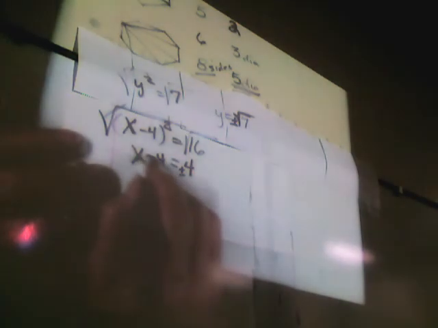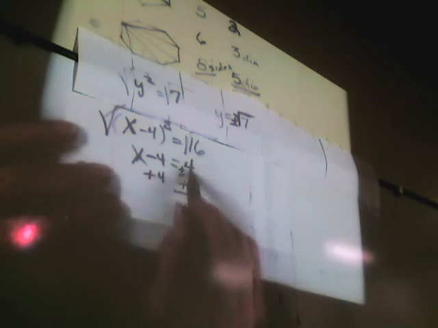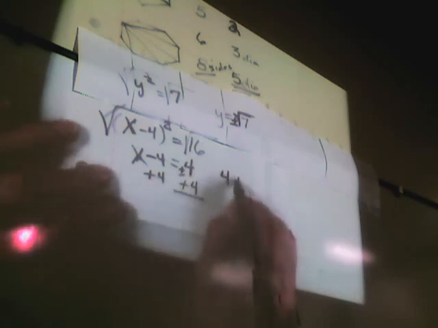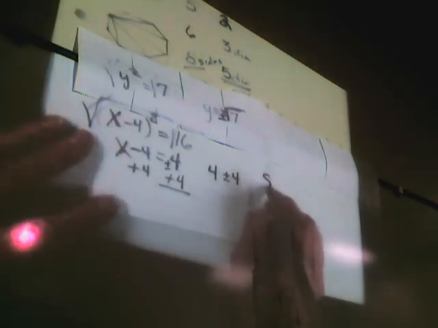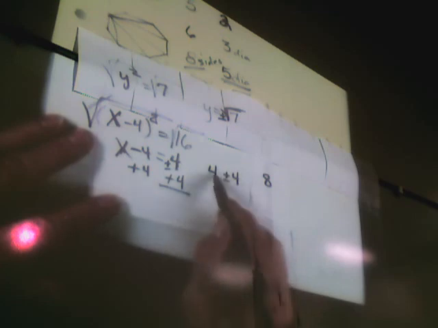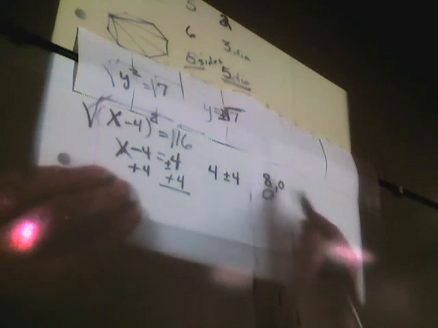So you're going to add 4 to both sides. So you have a positive 4 plus or minus 4. So one answer will be 4 plus 4, and the other one's 4 minus 4. So you have an 8 and a 0. Okay, so the correct answer would be 8 and 0? 8 and 0.